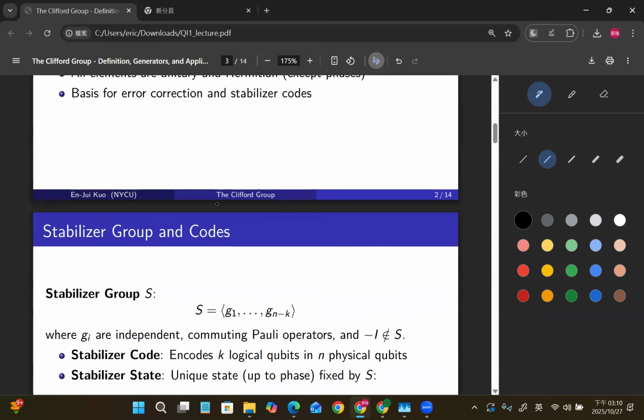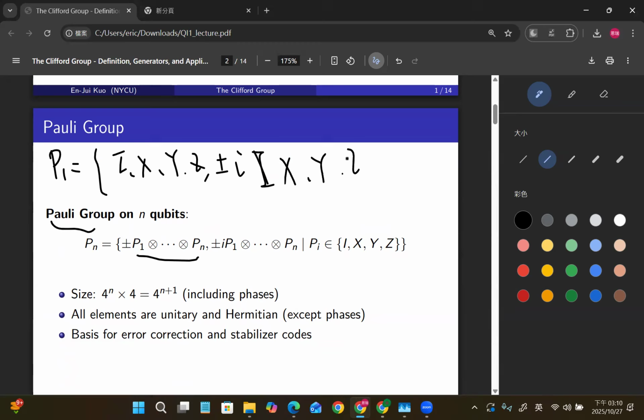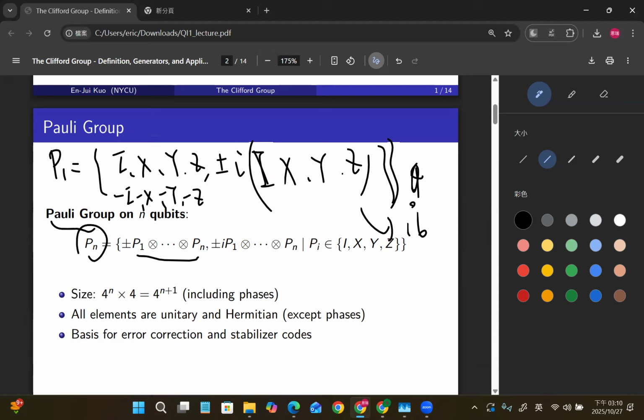Maybe it's a little bit abstract. For example, for P1, we just have identity, X, Y, and Z, or plus or minus i times identity, X, Y, and Z, also minus identity, minus X, minus Y, minus Z. Sorry, in total it has 16 elements. And this is a group.